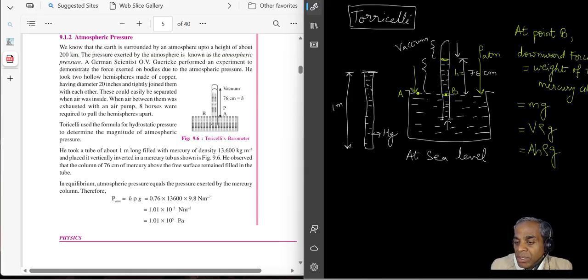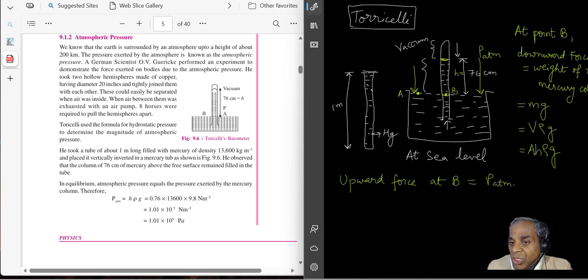Okay. And what is the upward force? Because now it is in equilibrium. Upward force at B is equal to atmospheric pressure. Why?